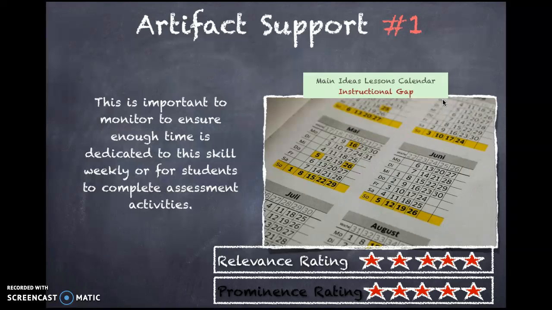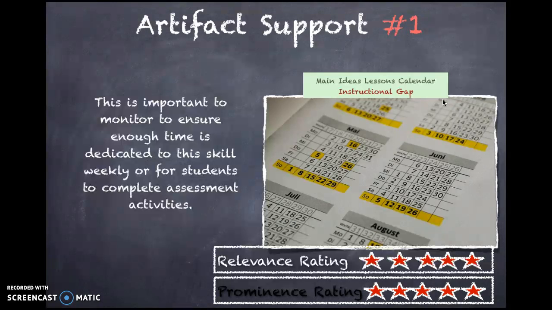So in the next couple of slides, I'm going to talk about the artifacts that I contributed to the meeting to support Victoria's main idea data. Artifact number 1. In future lessons during next school year, it would be important for Victoria and other teachers to have a main idea lessons calendar, and that would help address the instructional gap.